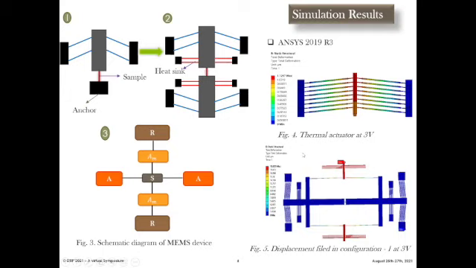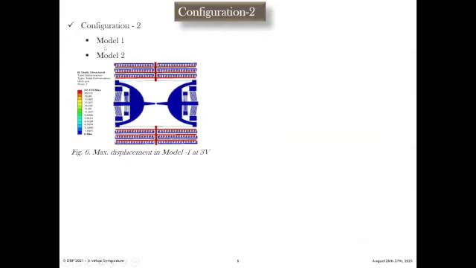So that's why we designed one more design, configuration 2. As you see here in configuration 2 model 1, we use a C-type structure to increase the displacement as well as reduce the shuttle and make it stiffer. Now we are able to read as near as possible to the sample, and this gap we left for a gold plate for other purposes in the future.